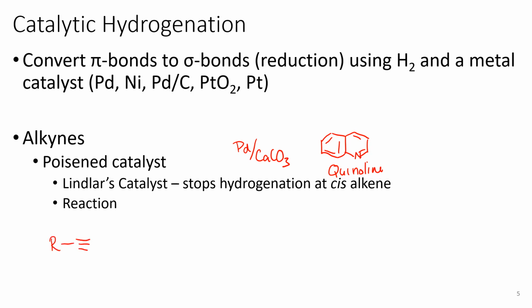So if we look at our reaction of our alkyne, if we have our hydrogen mixed with Lindlar's catalyst, you will either see in the arrow Lindlar's catalyst, or you may actually see the compounds drawn out with the palladium and the calcium carbonate and the quinoline. And the key is it will not hydrogenate all the way to the alkane. We will stop at the alkene, and specifically, we will generate that cis alkene.